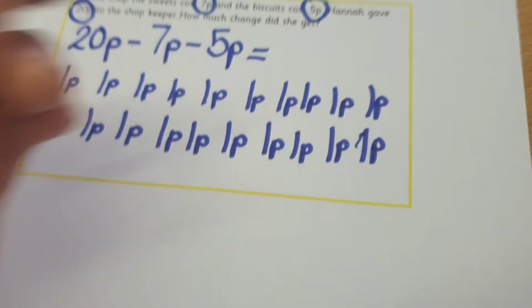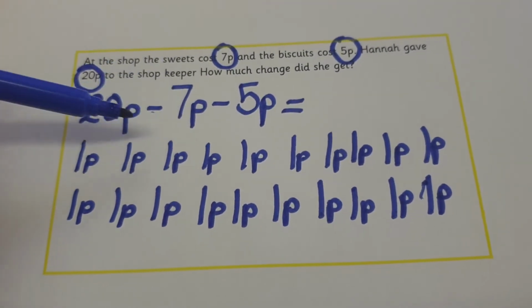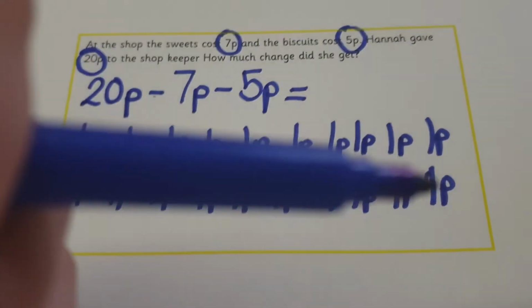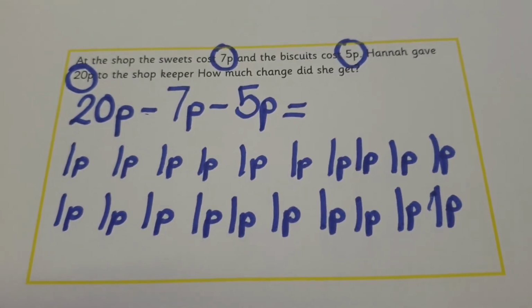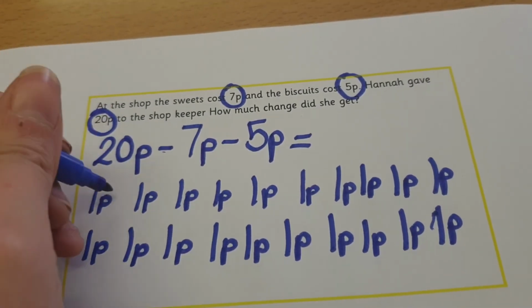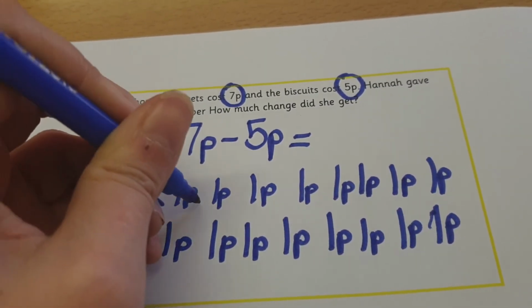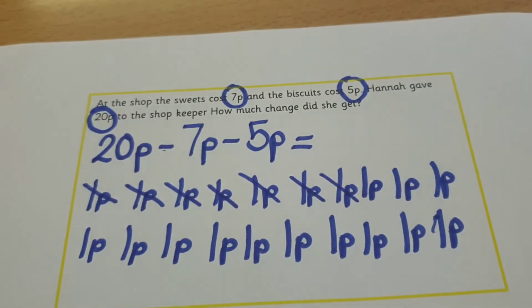I've got 20 1p's. So let's have a look. I've done my 20 1p's. How many have I got to take away now? Well done. I've got to take away 7 of my 1p's first. Are you ready to help me? 1, 2, 3, 4, 5, 6, 7p.